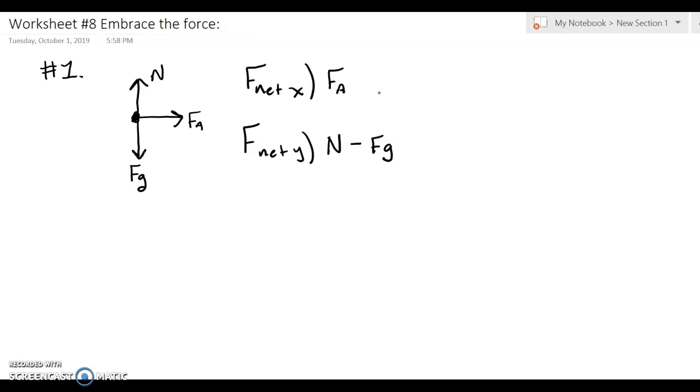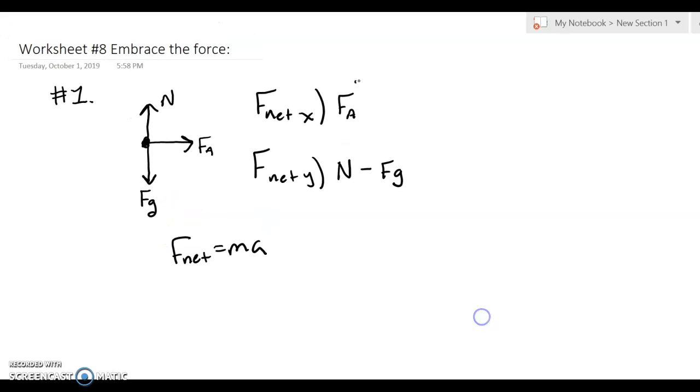According to Newton's second law, F net equals ma. This equals ma in the x direction, and ma in the y direction. But for the majority of our problems, where something is being pulled horizontally, this is going to be 0. So we're looking for what the acceleration is.